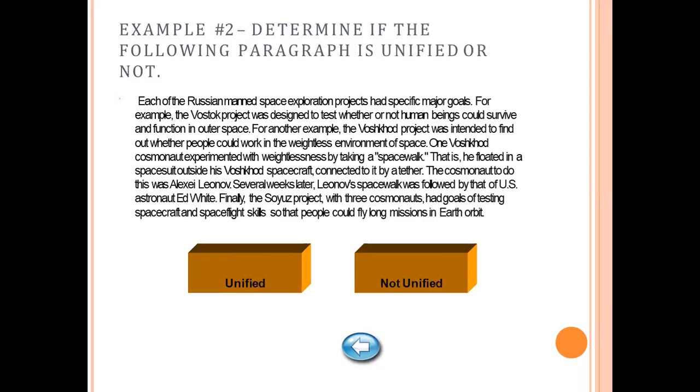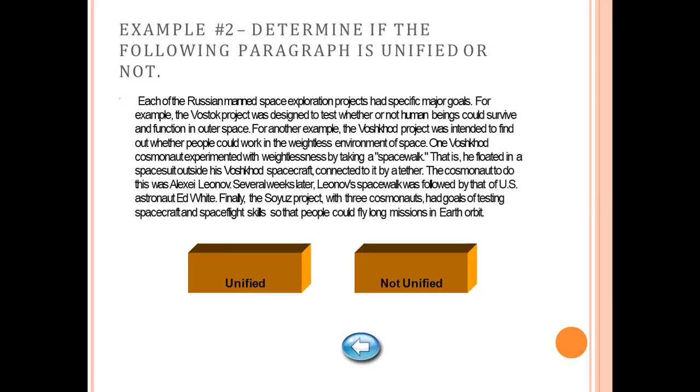The second example: determine if the following paragraph is unified or not. Each of the Russian manned space exploration projects had specific major goals. For example, the Vostok project was designed to test whether or not human beings could survive and function in outer space.